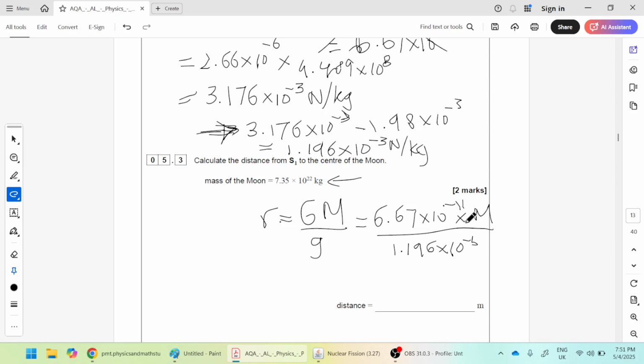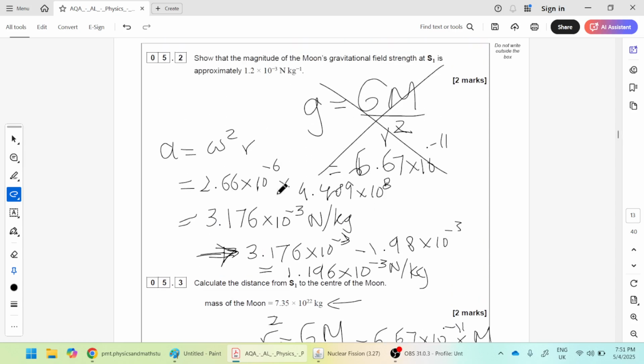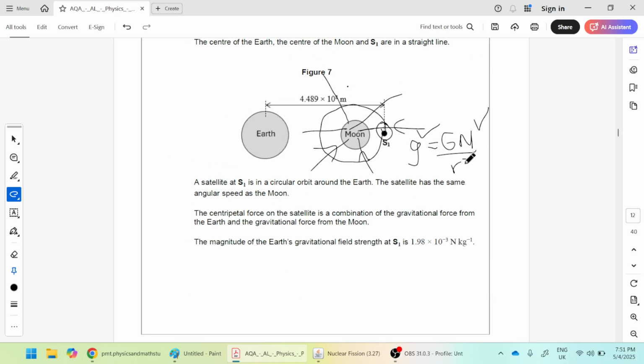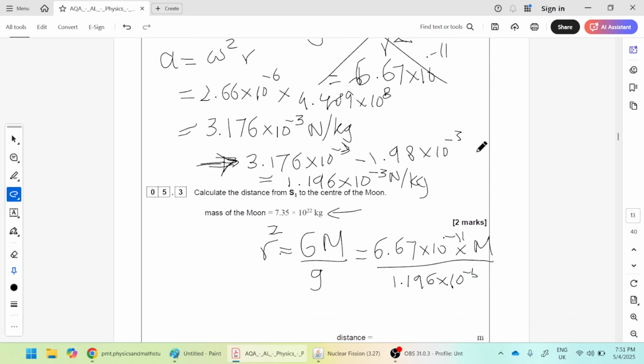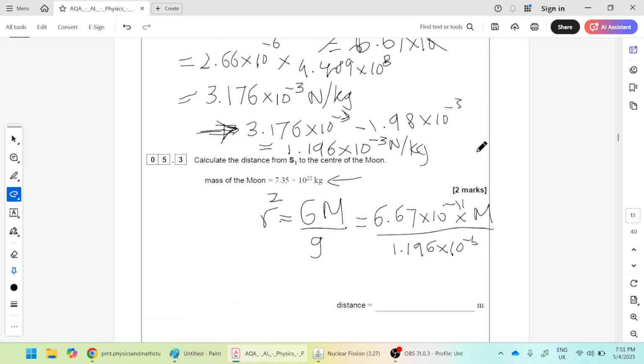Calculating it, 7.35 22 GM. Oh, remember this is R squared, isn't it? I just remembered. Earlier I wrote some nonsense. This should be squared. That means after getting the answer on the right side, we need to square root it.